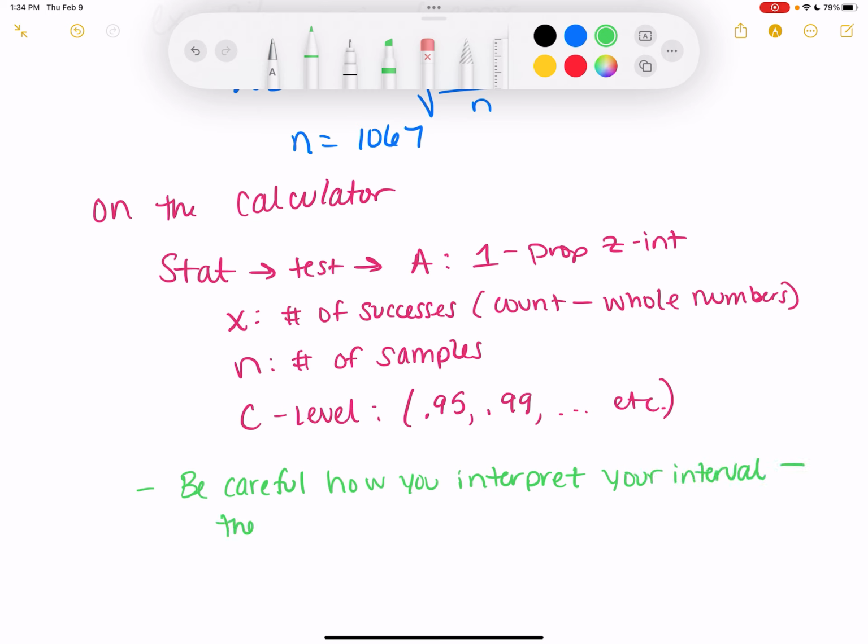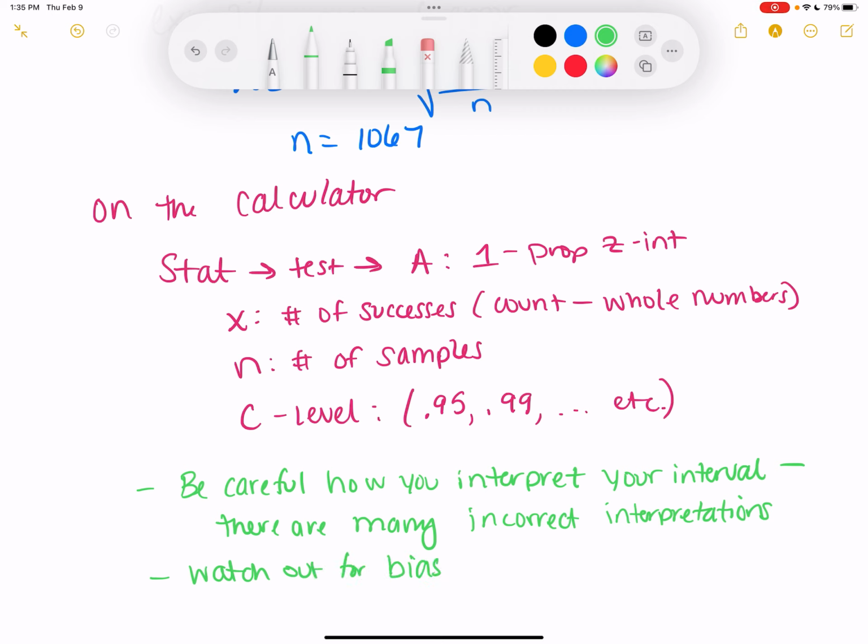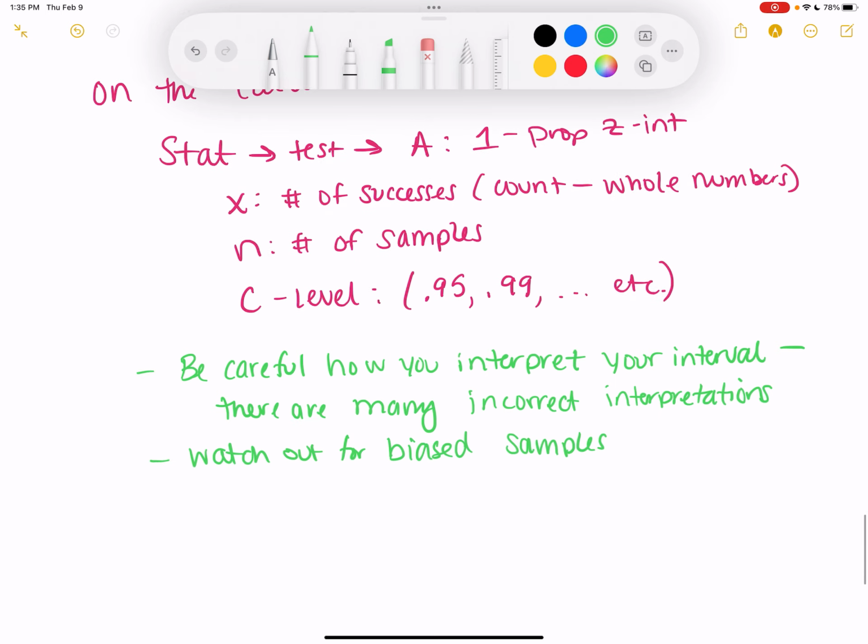There are many incorrect interpretations. Watch out for biased samples. And think about independence.